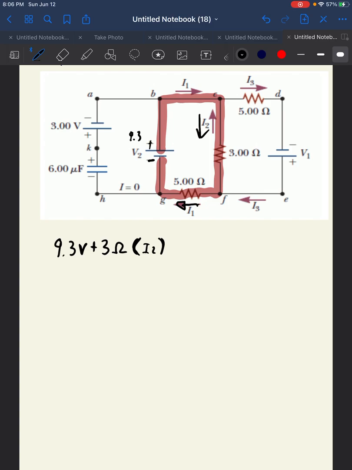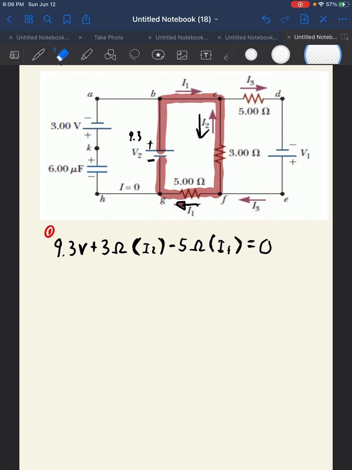Since it is going in the same direction as the current, it will be negative 5 ohms times I1. Now we set this equal to 0 because Kirchhoff's loop rule states that the sum of all the voltages must equal 0. This is equation 1.